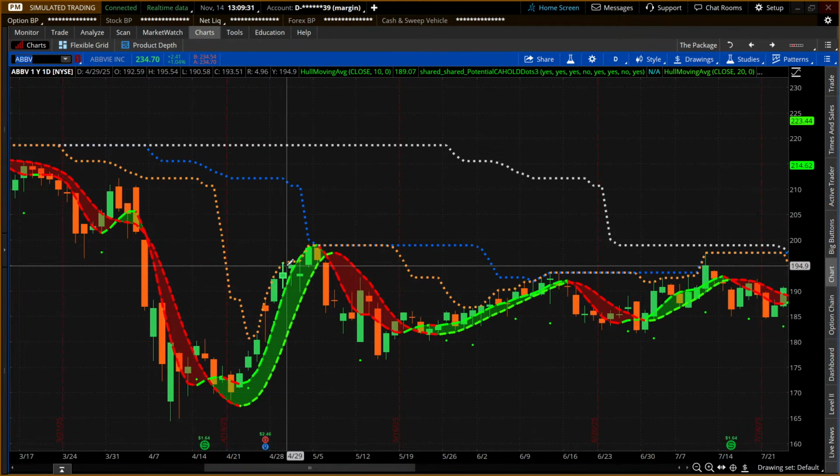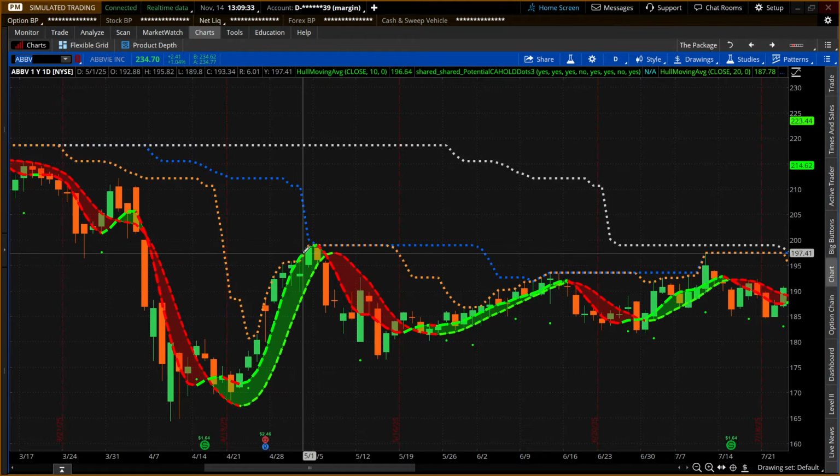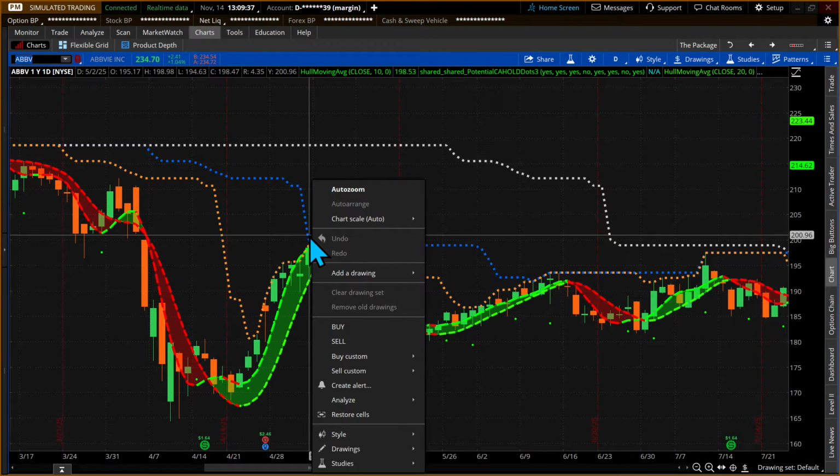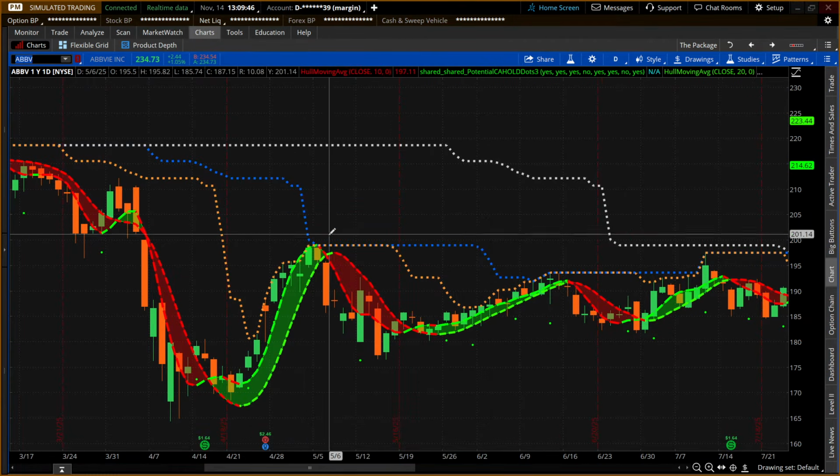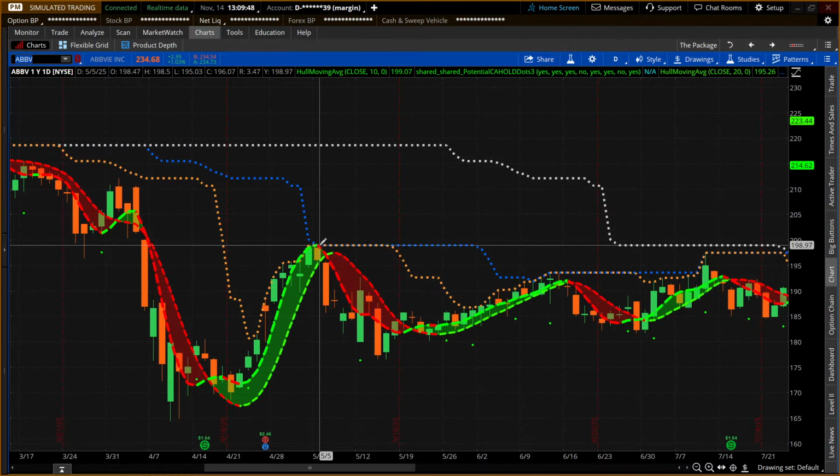Now, what you're going to notice is we go up, up, up, up to the blue line. What is the blue line again? That's the 20-day high. Think of that as the more intermediate investors. Now we're seeing the price pretty much hit both lines. Does that guarantee the stock's going to go up? Nope.